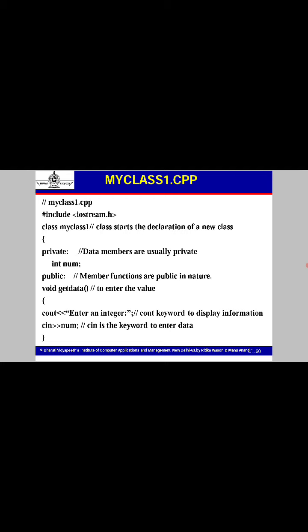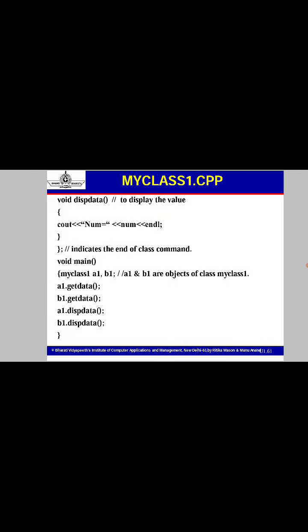Void getdata is a member function within the class. cin and cout are basic input output statements or functions in C++, generally defined in iostream.h.